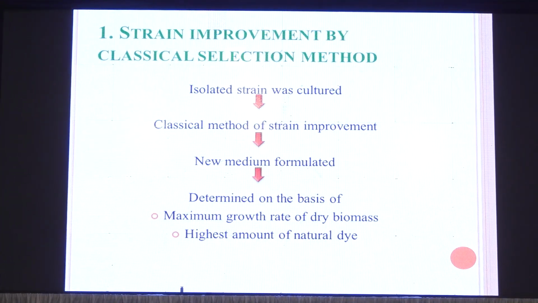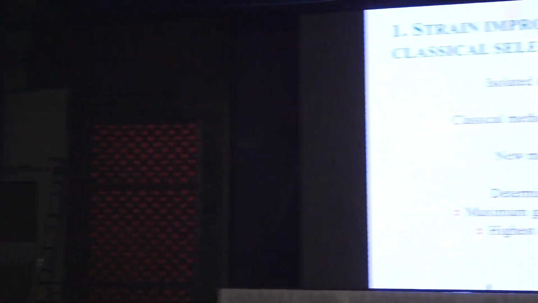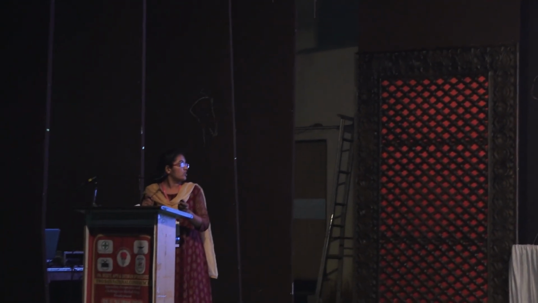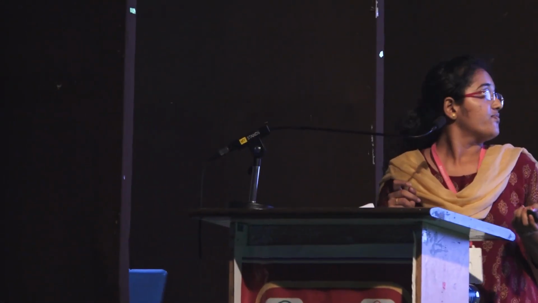Then we use the classical method, that is optimization and formulation of the culture media. Then we newly formulated the medium, and on the basis of the trials, the final composition is determined on the basis of maximum growth rate of the dry mass and the highest amount of the natural color.